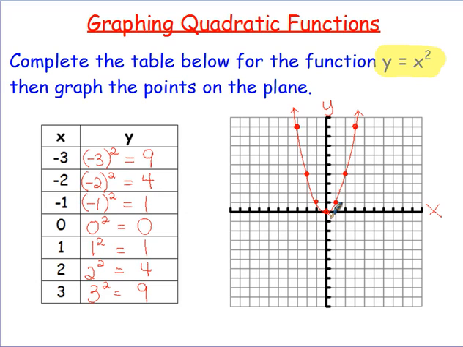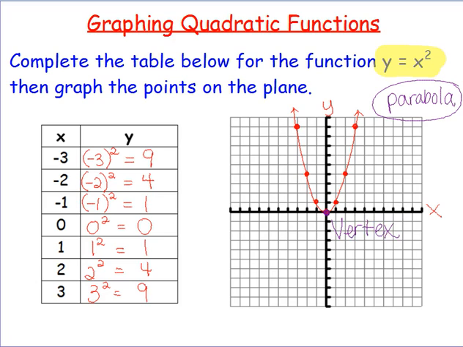So let's talk about a couple of important words that come along with these graphs. First of all, this U-shaped graph we refer to as a parabola. That is what we actually call these graphs. They're called parabolas. Few important pieces of the graph. This very center point, we refer to that point as the vertex.